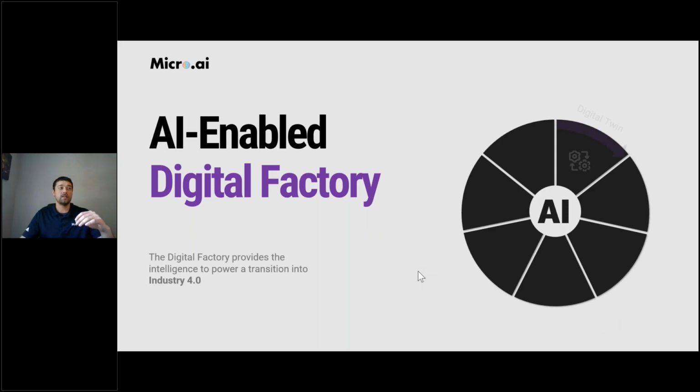The first way that is done is through the digital twin. A digital twin is a virtual representation of the equipment, the line, the processes, in which the data is coming directly from the equipment. So the AI is ingesting the data and creating this digital twin to show you where there are process limitations.